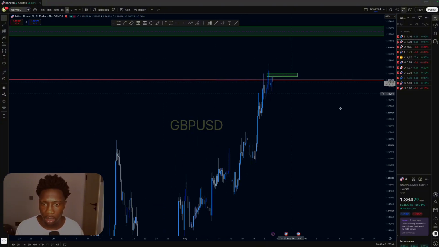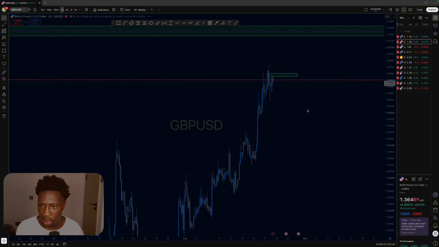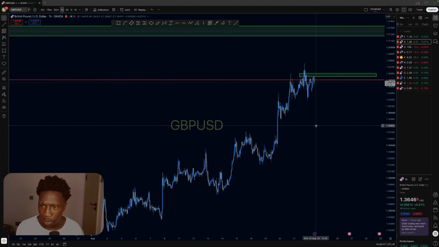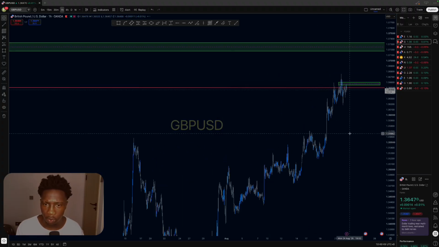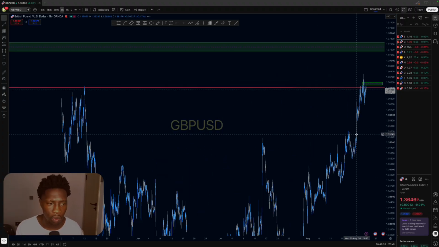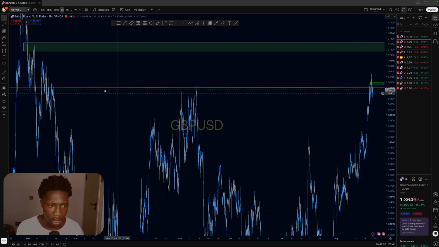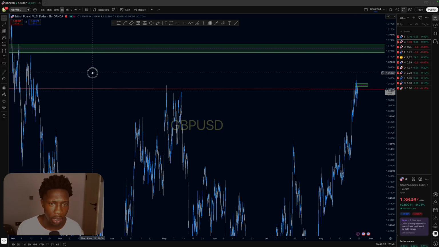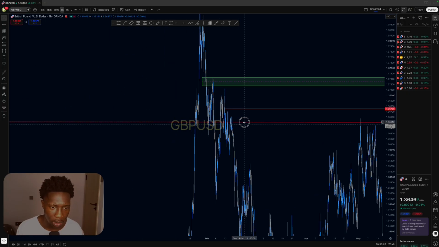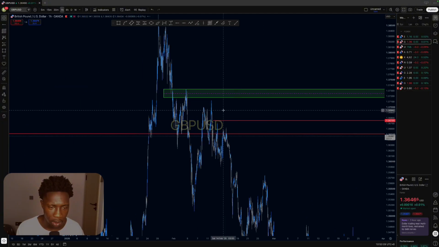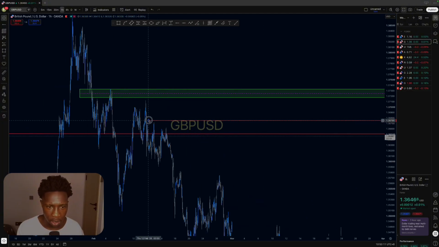But if you can see it, we need a move that is going to be a right move. We have all of these areas, but we can go to the left side and see what the market did.